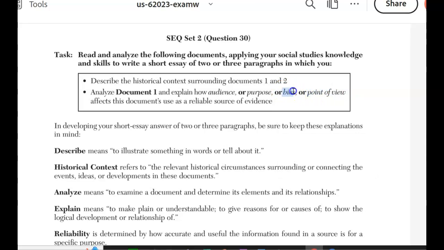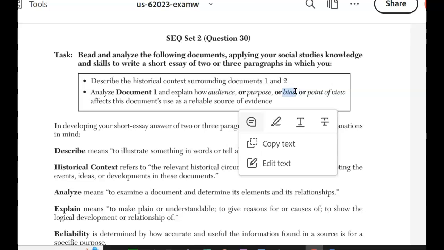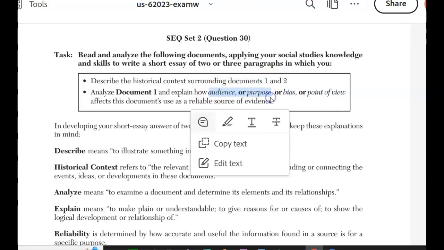Bias. I told you it's a soldier, a private in the Army, but I didn't say which Army. The point of view of a Union soldier and the point of view of a Confederate soldier, their bias might be very different. Purpose and audience, they often go together.